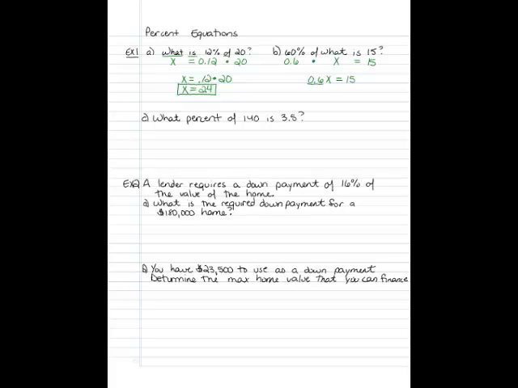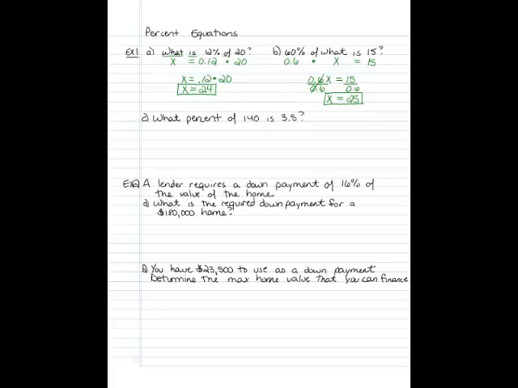Solving the equation for x, divide both sides by 0.6. And on the left-hand side, 0.6 over 0.6 is 1. So 1x is the same as x, equals 15 divided by 0.6 is 25. And that is our answer.